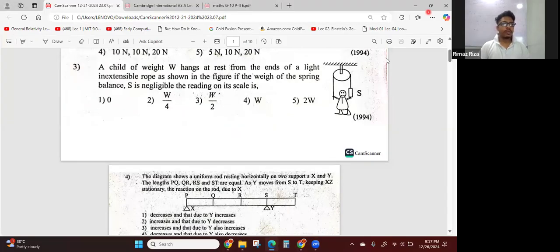If the weight of the spring balance S is negligible, the reading on its scale is... Okay. I got an answer.